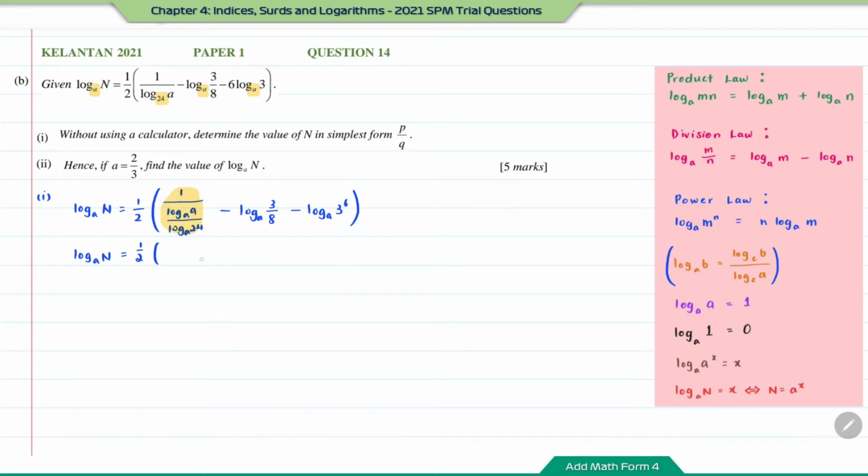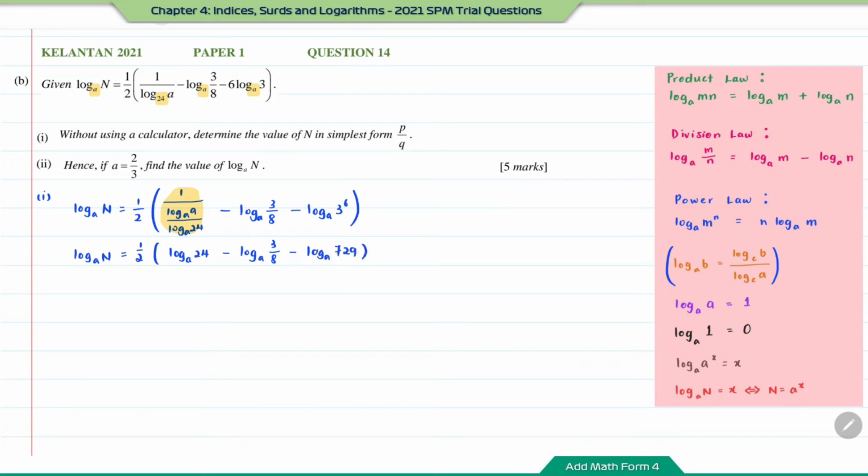So this is the same as 1 divided by log base a of a over log base a of 24. So we can write as 1 times log base a of 24 divided by log base a of a. Now, log base a of a will give you the answer of 1. Therefore, here you're going to get the answer of log base a of 24.